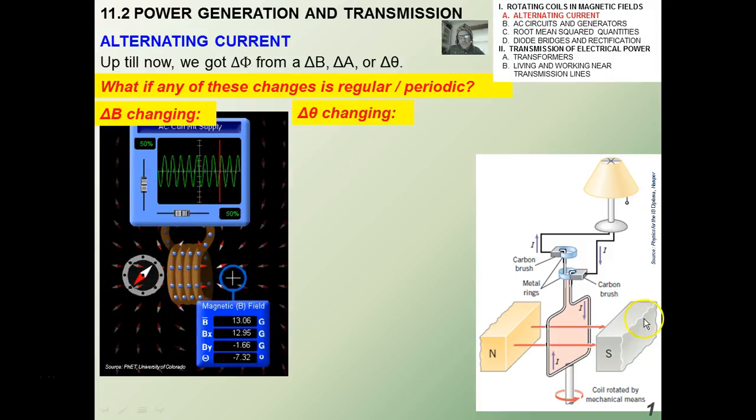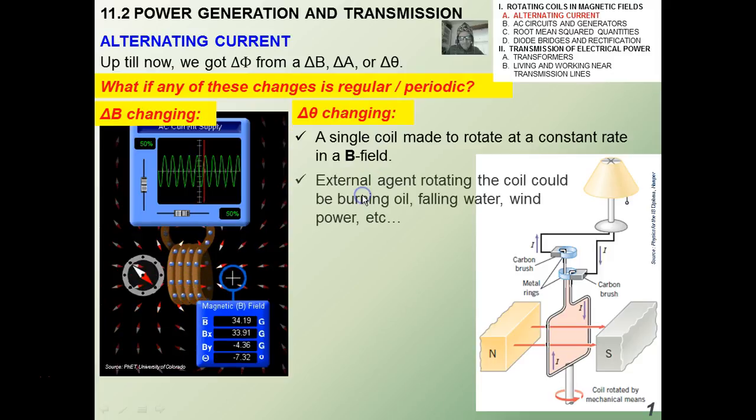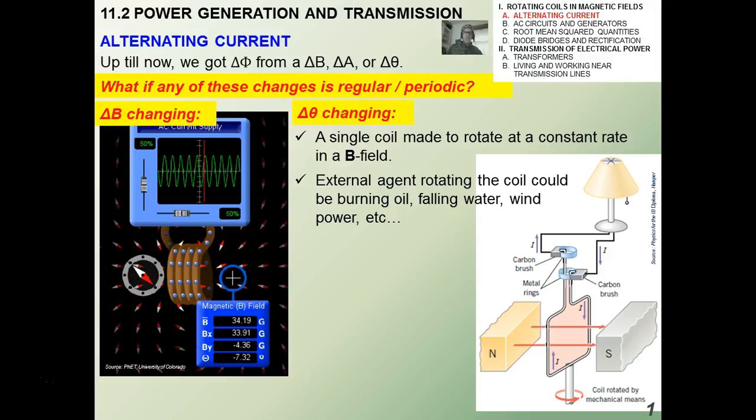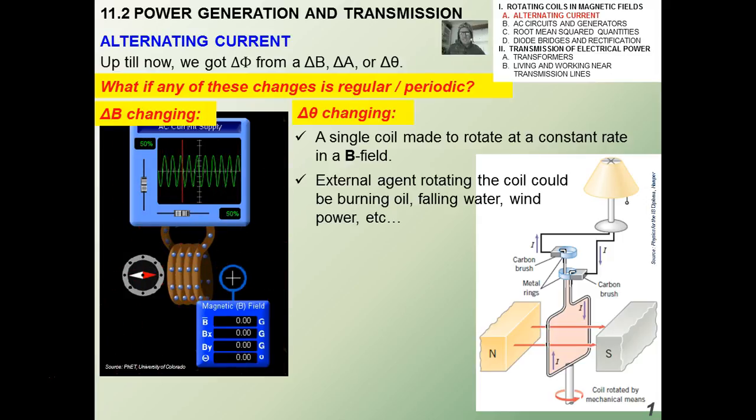Now, if the angle is changing, which is the one we're going to focus the most on, say this loop is made to rotate around an axis in a magnetic field. The external agent rotating the coil could be lots of things: burning oil, falling water, wind power. In most applications of producing mass electricity, it comes down to boiling water, and when that water turns into steam, it turns these big turbines, which actually turn these coils.